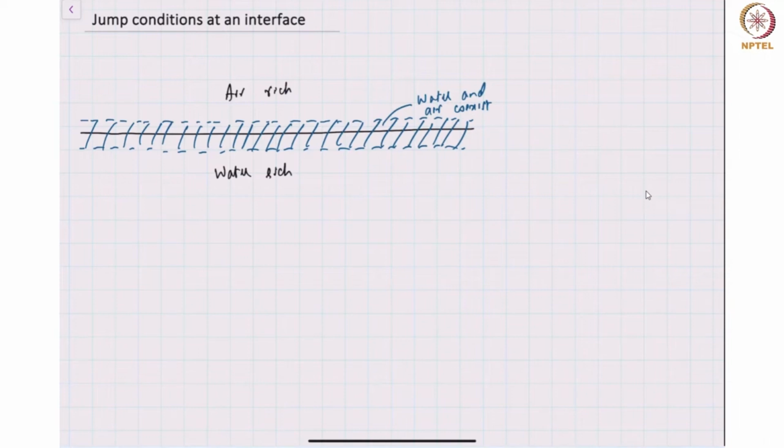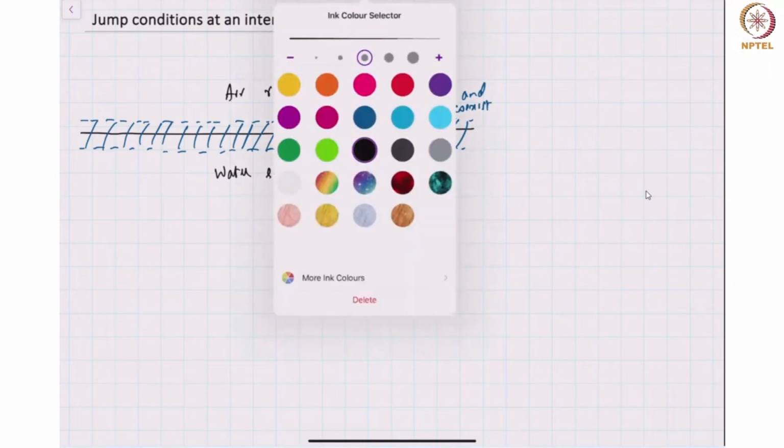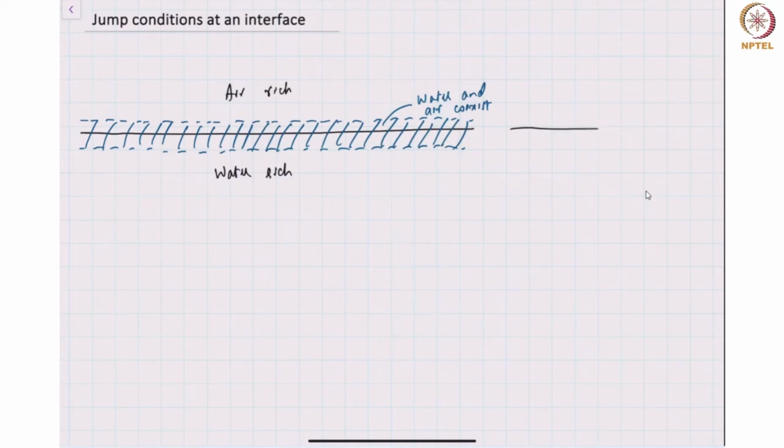Now we can also examine how properties such as density vary across this interface. If I look at this interface and identify this coexistence region, then I can make a plot of density.